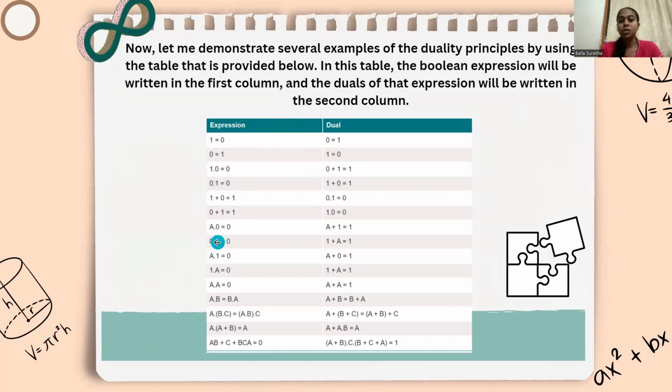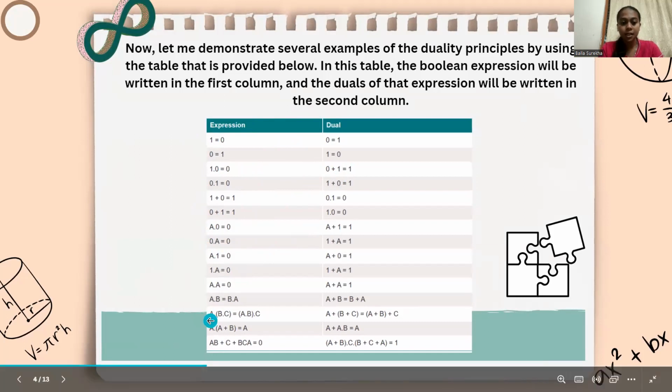In the same way, A into zero. Here A is a variable. We already discussed that A doesn't change, therefore A remains the same. In the same way, we have A, B, C, three variables, and the AND operator is also there. The AND operator is changed to the OR operator, but the variables remain the same. So these are a few examples.